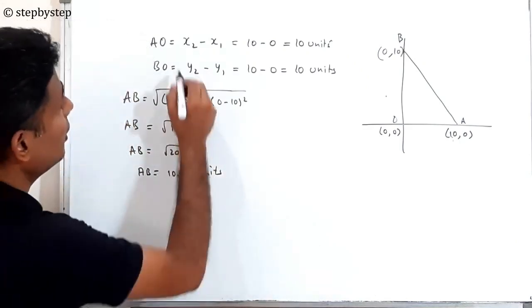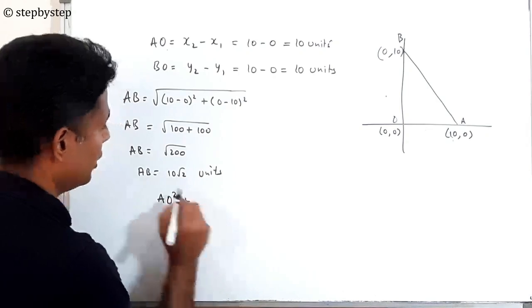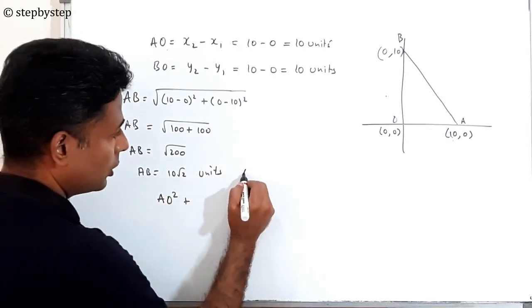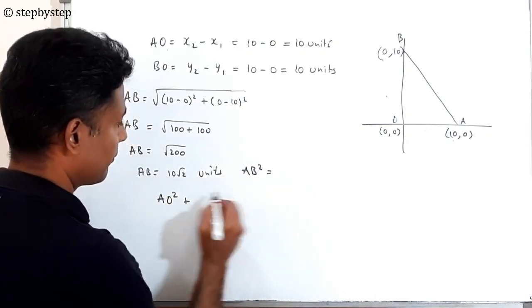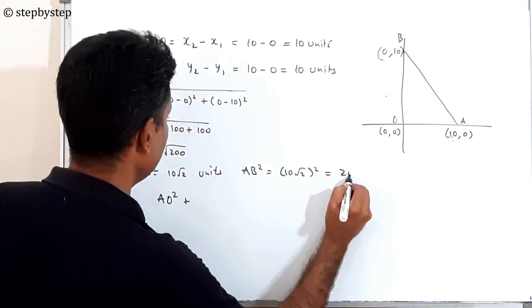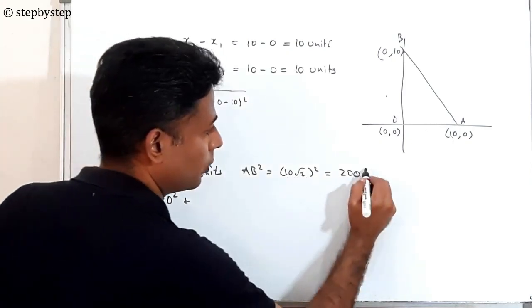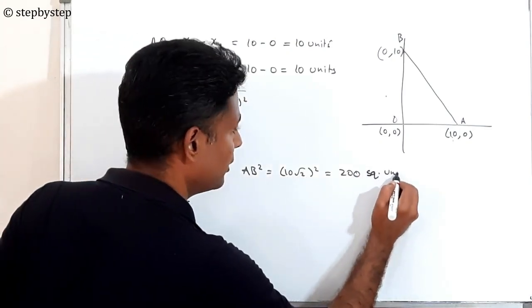Now if you observe, what is AO square plus BO square? AB is 10 root 2, so AB square will be how much? AB square will be 10 root 2 whole square, that is 200, right? 100 into 2, yeah, 200 square units.